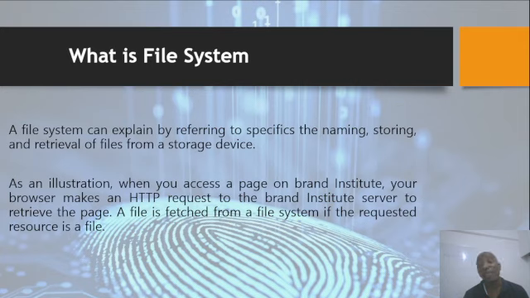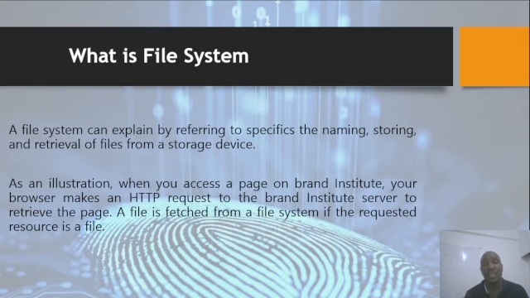This will be very important when we are looking for evidence from the file system, for those doing cybersecurity and those doing ICT also. You should understand how data is saved in your storage devices.